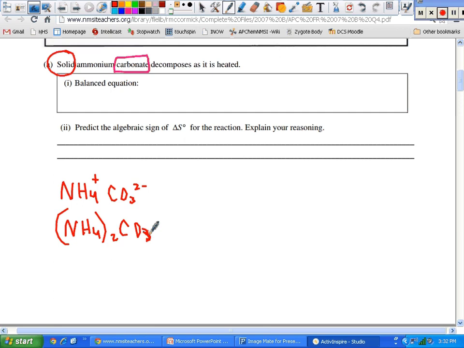Okay, so this is where it gets weird. Carbonates, when they decompose, have a standard thing they break down into. And why they do this, to be quite honest with you, I don't quite know. Every time a carbonate decomposes, it always breaks down into CO2 and water.